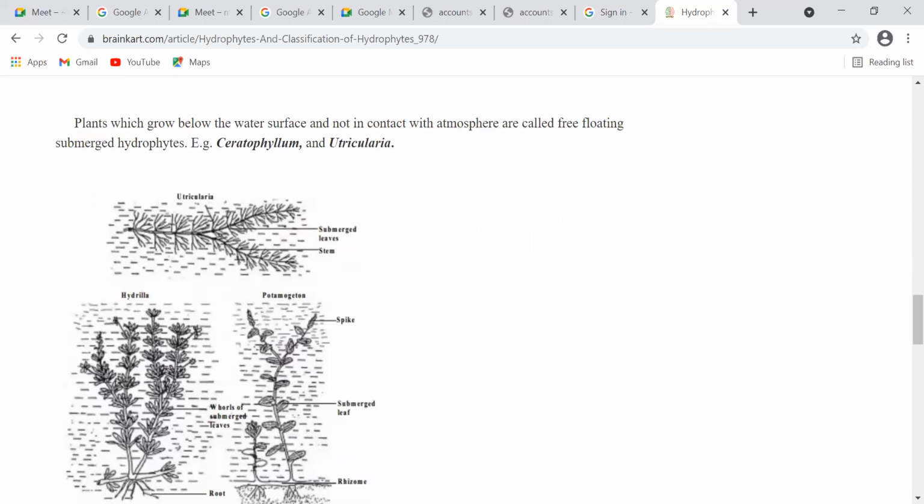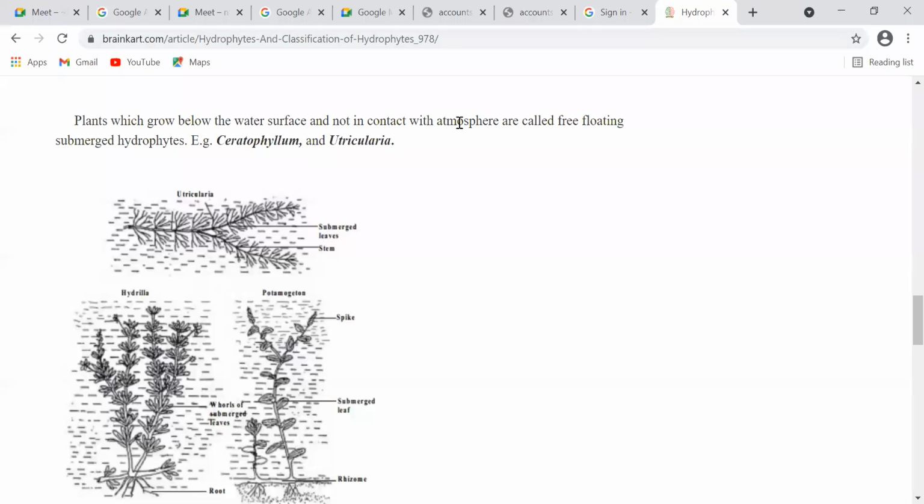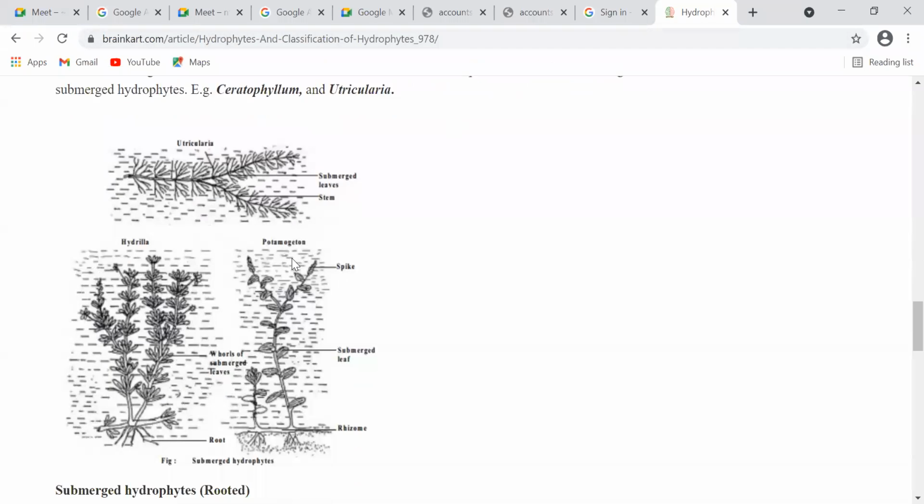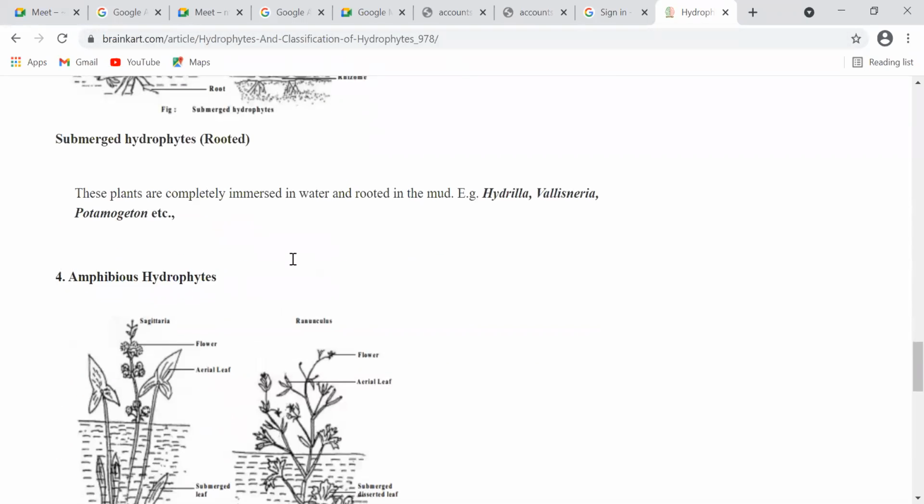You can see the top is not coming outside the water surface. They are inside only. They are not in contact with the atmosphere. This is submerged, rooted. These plants are completely immersed in water and rooted in the mud. Hydrilla, Vallisneria.